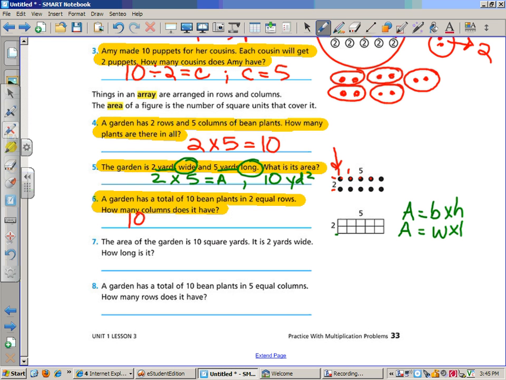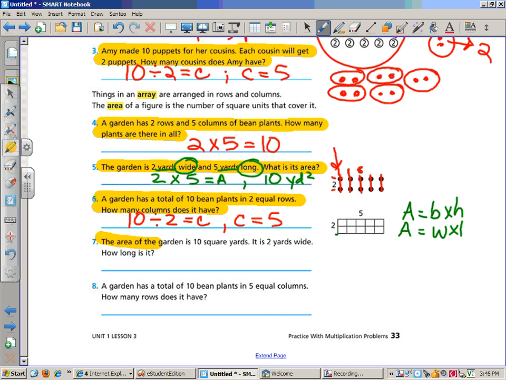So 10 bean plants into 2 equal rows is going to give you how many columns. And I'm using C for columns. So I would know that's 5 there, and I have my 10. I put them into 2 equal rows, and then I would start counting columns 1, 2, 3, 4, 5. Okay, so C equals 5.